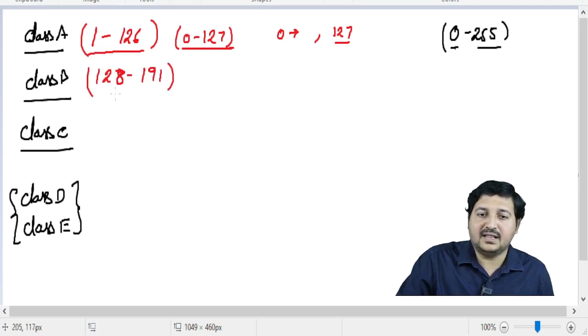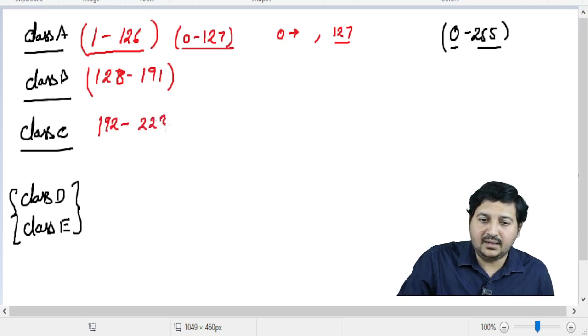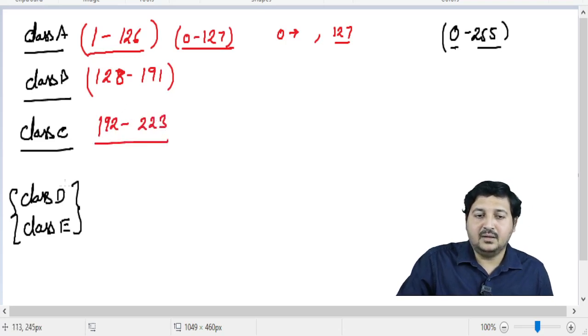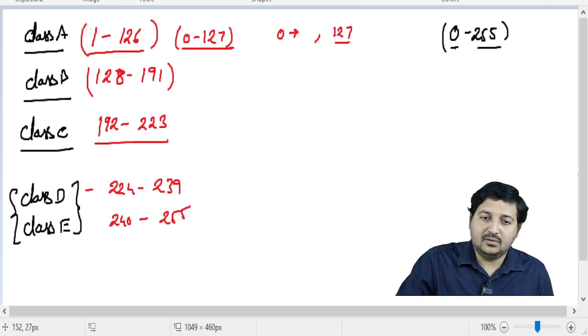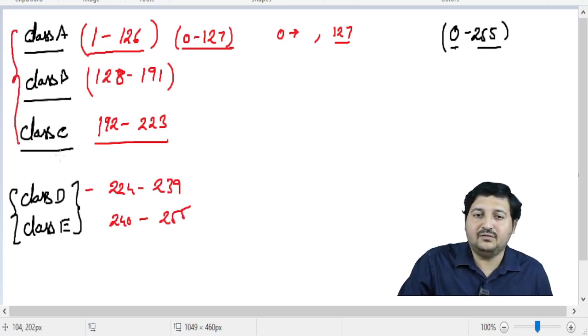For class C, 192 to 223. For class D, it is 224 to 239, and 240 to 255 is class E. These are the only 3 different classes we are going to use.